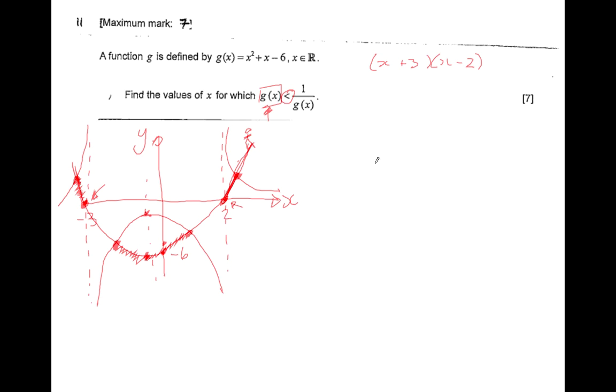So the solutions we're looking for are 2 is less than x is less than this particular value here. We'll call that a. We're looking for these 2 intersection points here. Let's call those B and C. So C is less than x is less than B. I'm looking for this final section here.